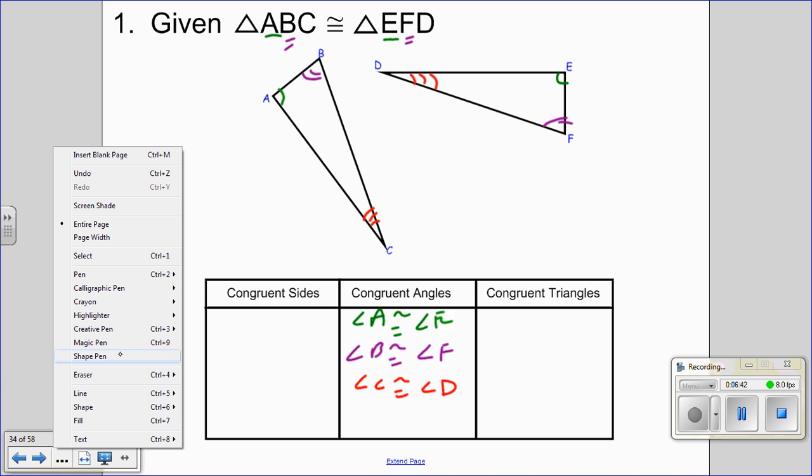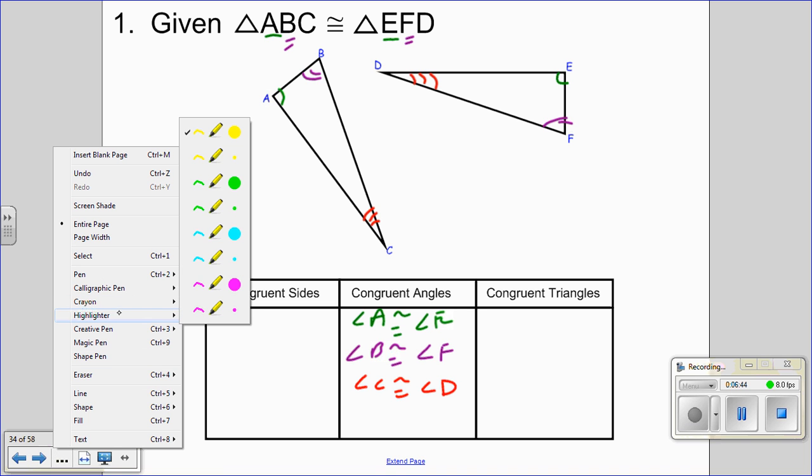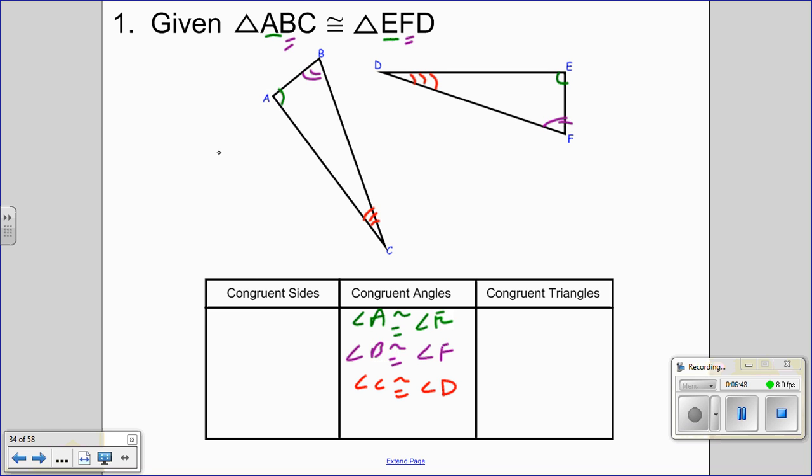Now we're going to mention the congruent sides. When you name a side, you must name it using two letters. And again, it's still about the order that it appears in the name of the triangle. So for example, side AB is the first side mentioned. It'll be congruent with side EF.